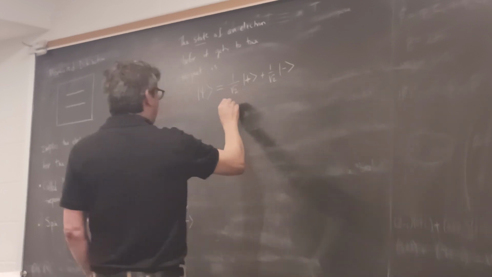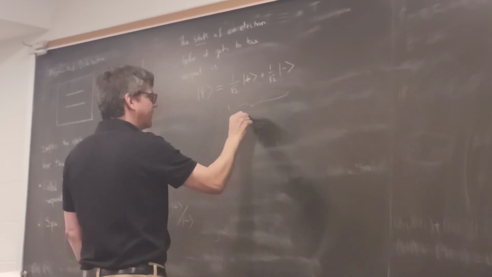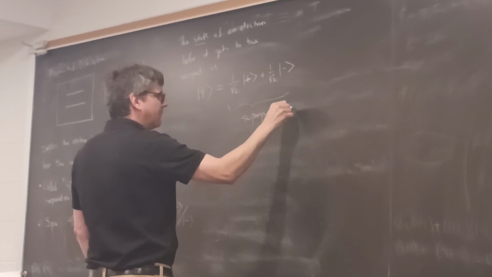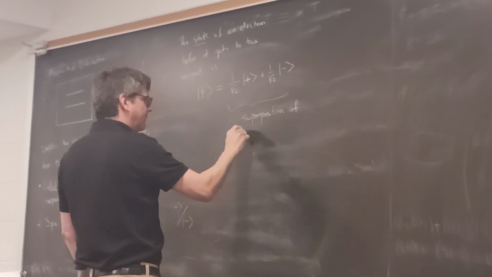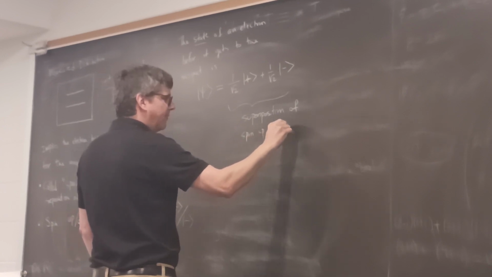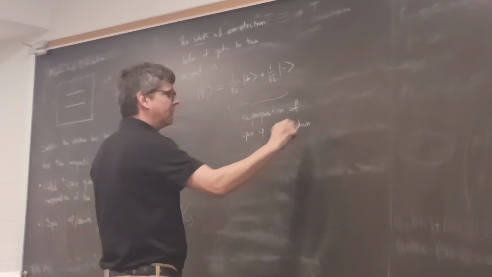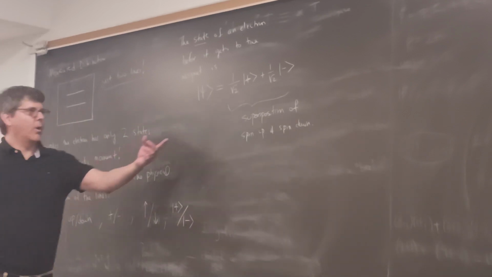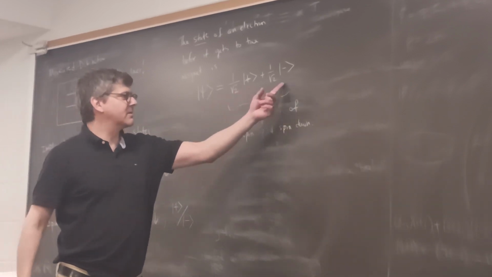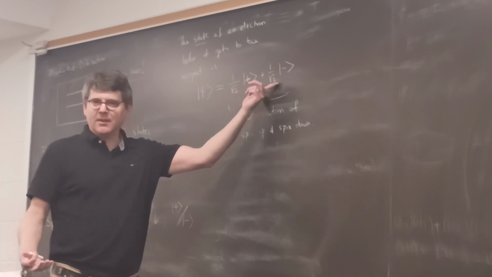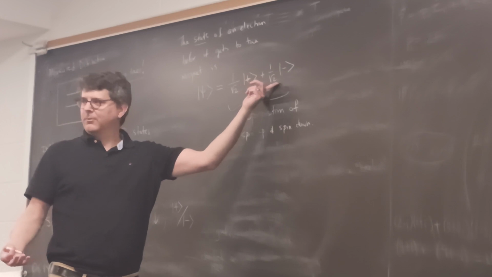This is a superposition of spin up and spin down. Okay, so what does this mean? This means that in some sense, in a very real sense, these electrons are in this state.